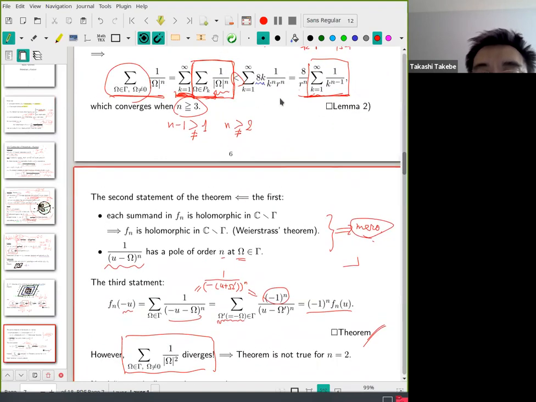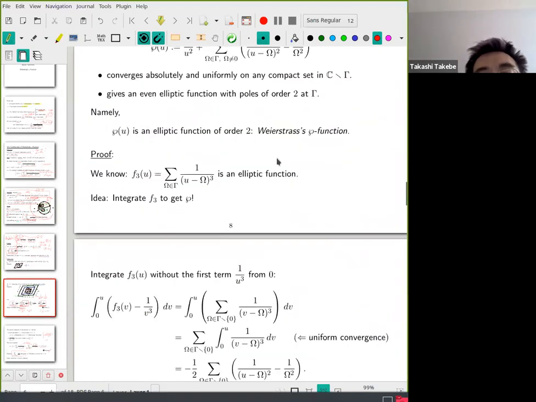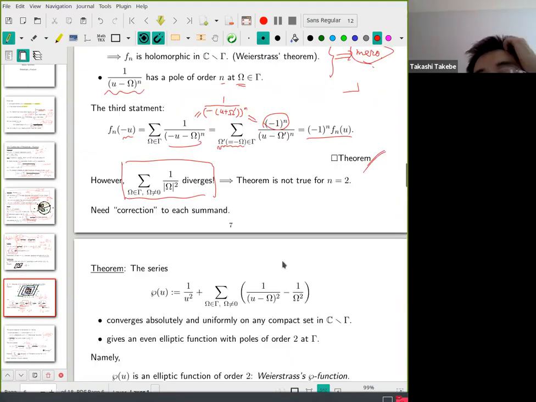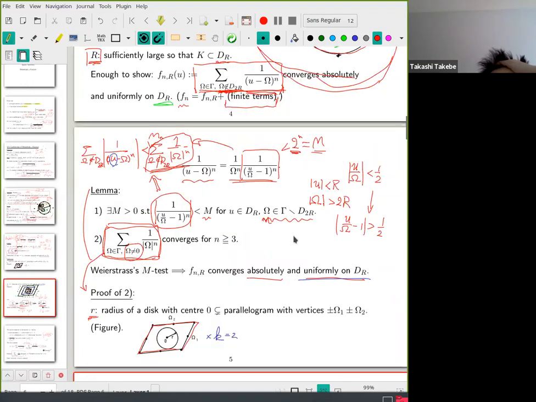Here we use the fact that this sum converges when n is larger than 2. But when n is equal to 2, then this is the so-called harmonic series. So it is infinity. So actually, this construction does not work.